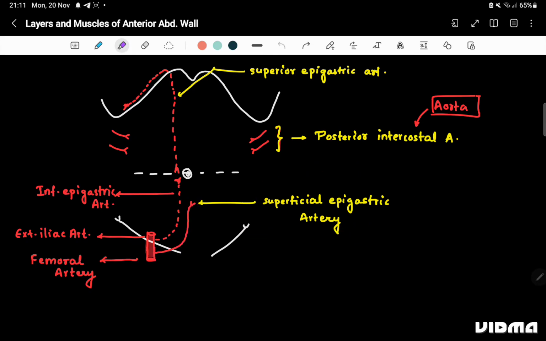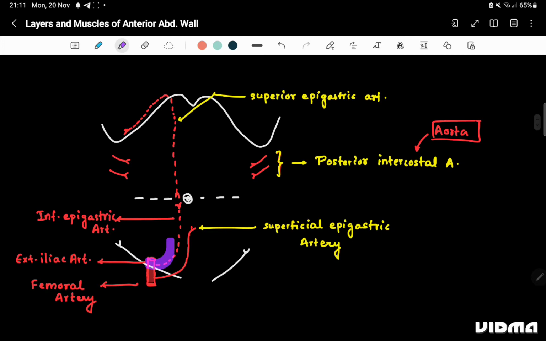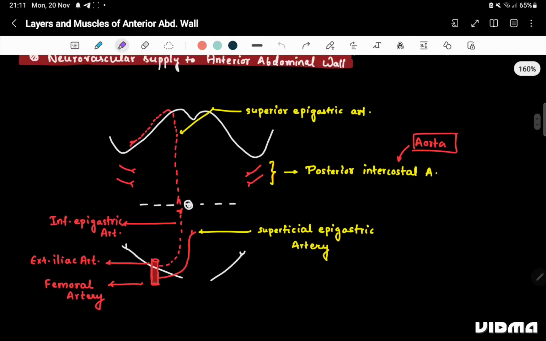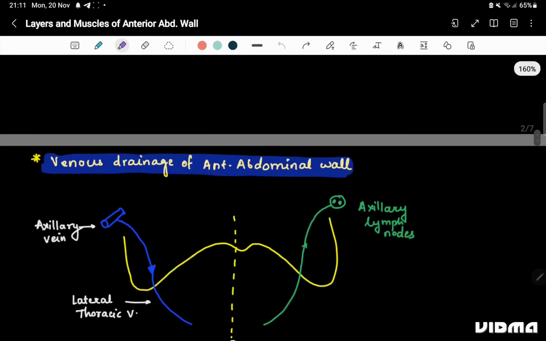The external iliac artery continues as the femoral artery, and it gives a branch called the inferior epigastric artery. This inferior epigastric artery and the superior epigastric artery fuse at the level of your umbilicus. So this is your neurovascular supply to the anterior abdominal wall.